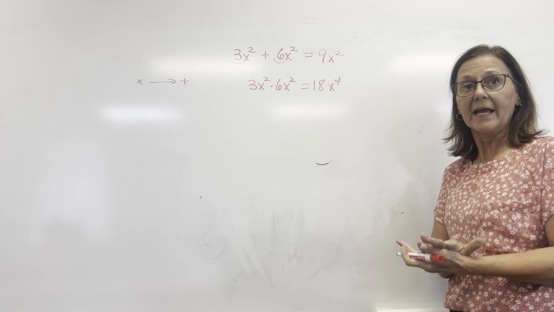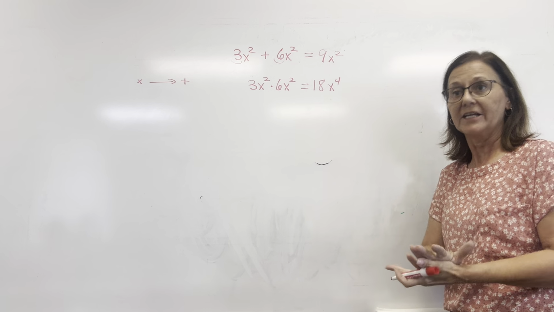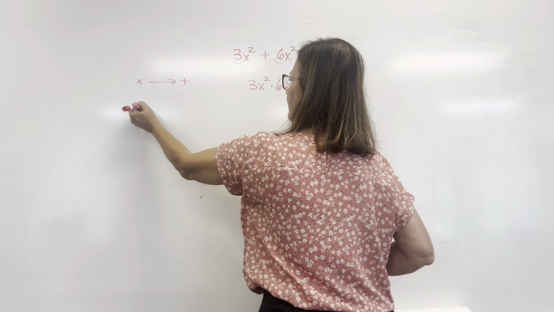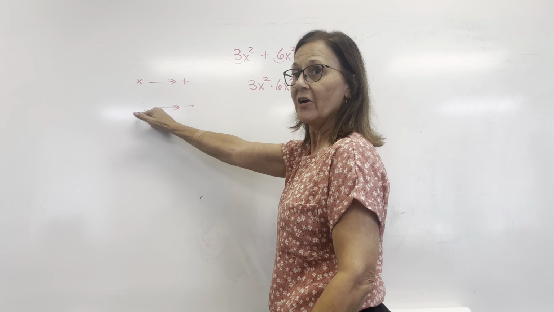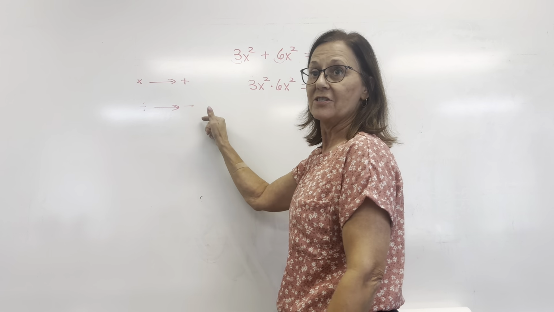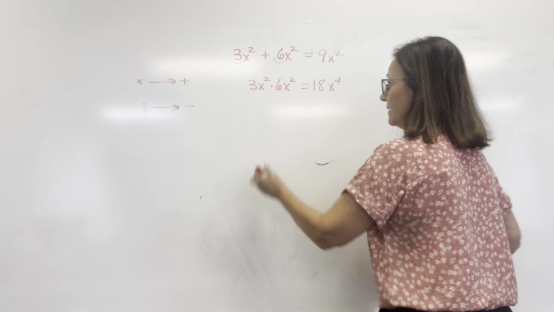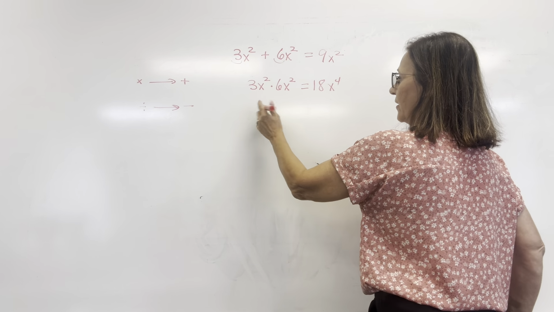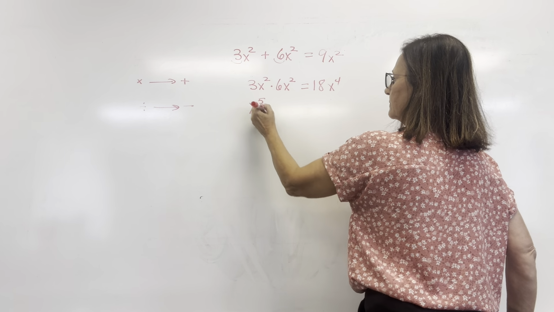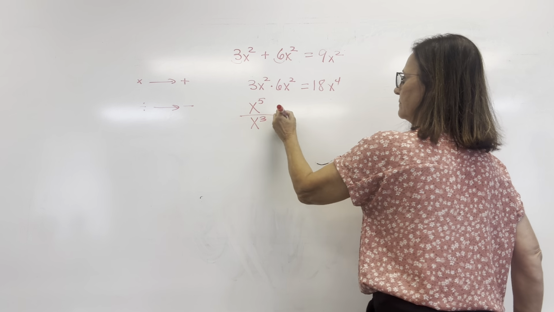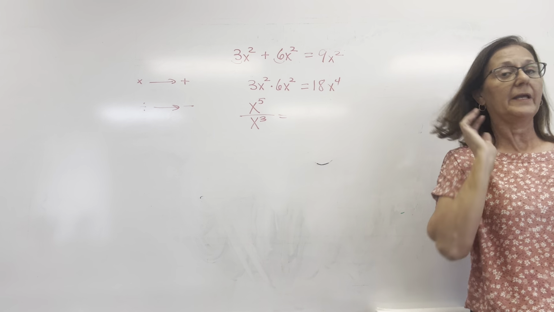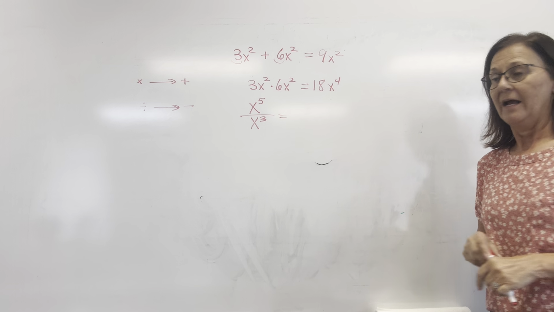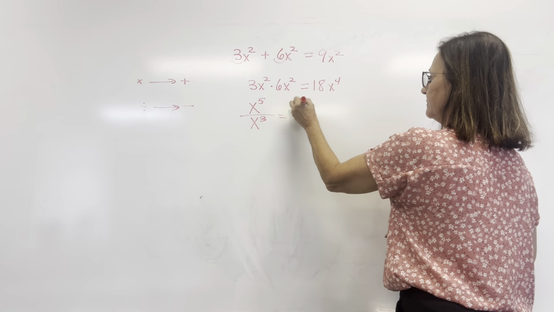So multiplication is addition. What do you think division is? It is. Those are inverse. These are inverse. Got it? So I'm just going to use variables. X to the 5th over x cubed becomes 5 minus 3.